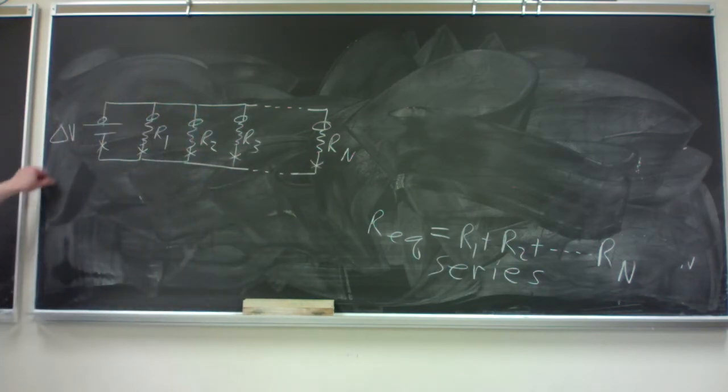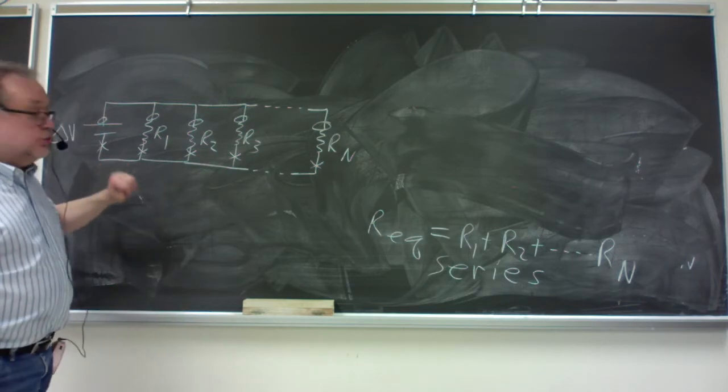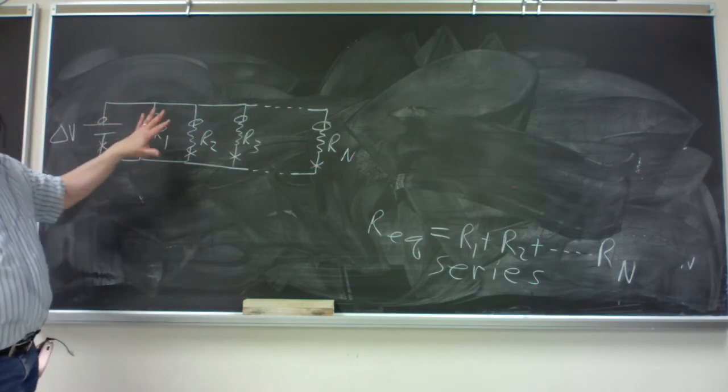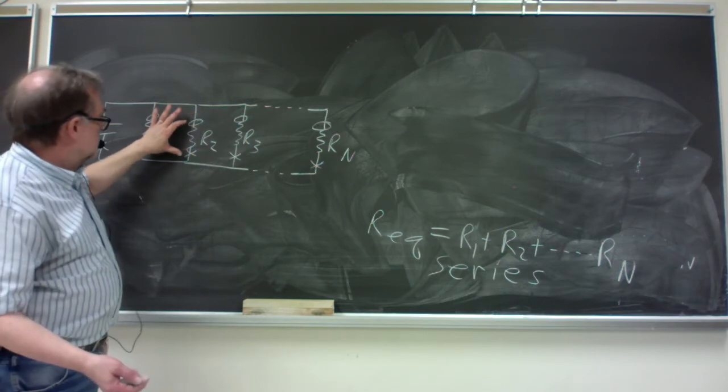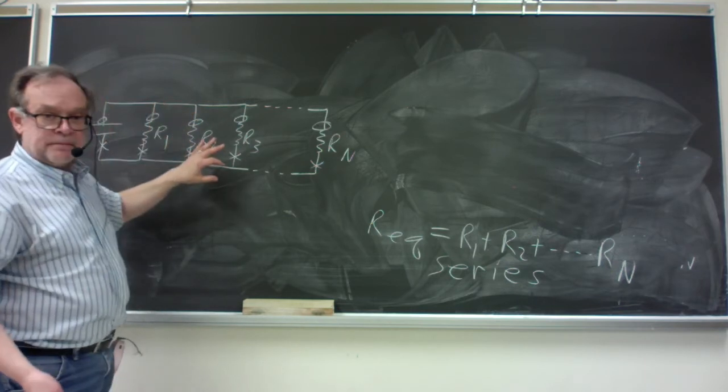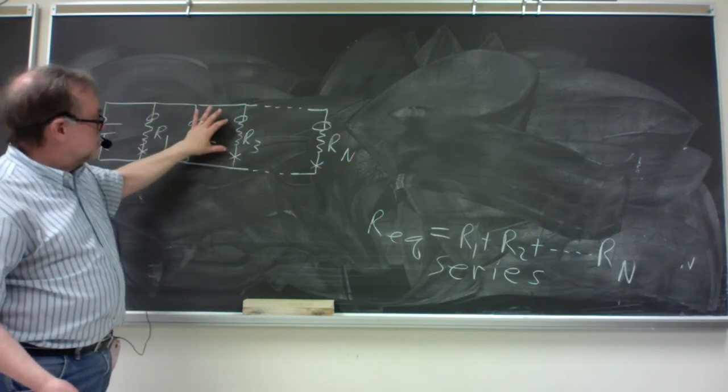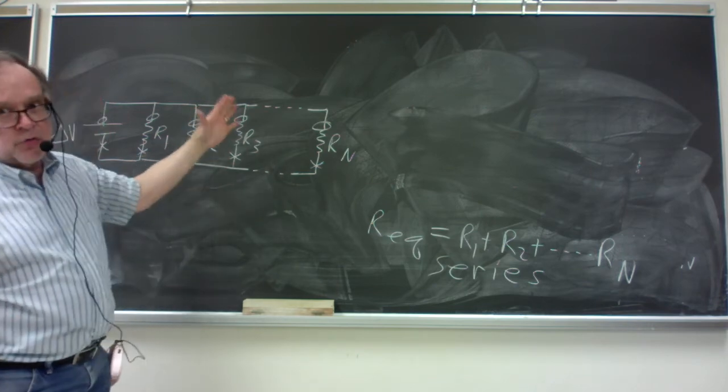So obviously, whatever the potential difference is between this and this potential, it's exactly the same as the potential difference between here and here, and exactly the same as the potential difference between here and here, and so forth.